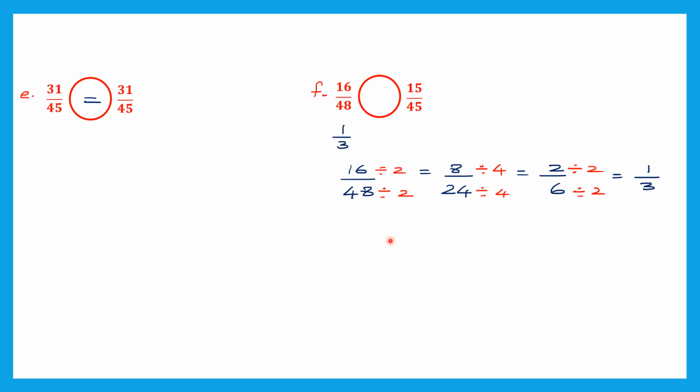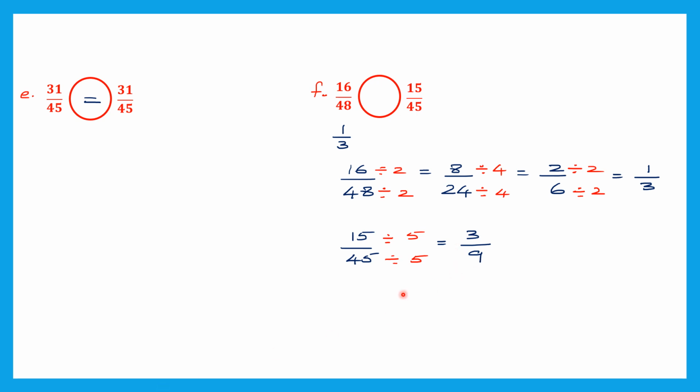Now let's take the next fraction, 15 by 45. That also can be reduced. Both are in the tables of 5. So let's divide both by 5. So what do we get? 5 3s are 15 and 5 9s are 45. Now the fraction 3 by 9 can still be reduced.